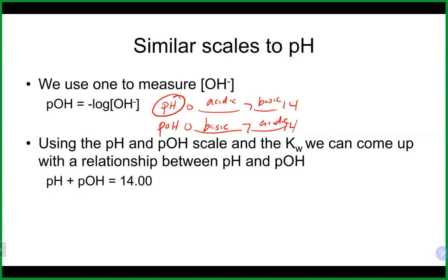So there are a variety of ways we could solve some of these problems based on our method here. We could use Kw if we need either the H+ or the OH- concentration. We could calculate the pH, which is minus the log of the H+ concentration.